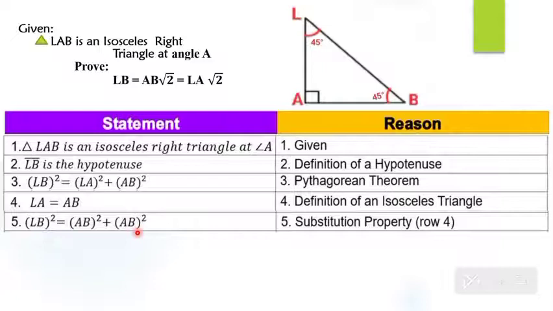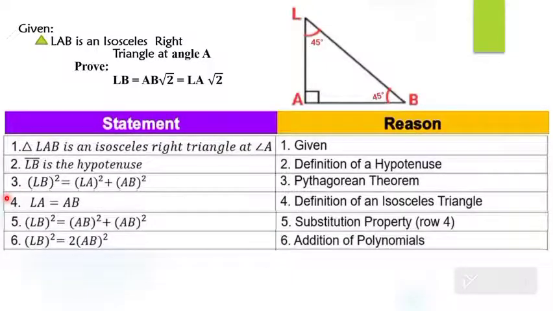Now, through the substitution property, since we know that LA is equal to AB, then using the Pythagorean theorem formula, we have LB squared is equal to AB squared plus AB squared. This is still the same Pythagorean theorem formula as in step number 3.